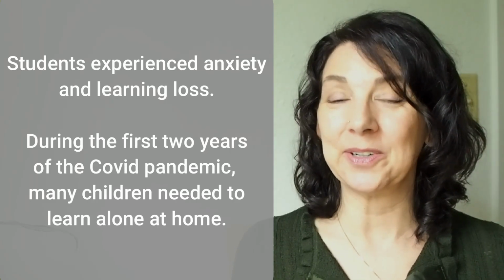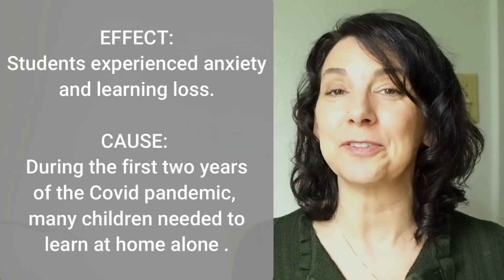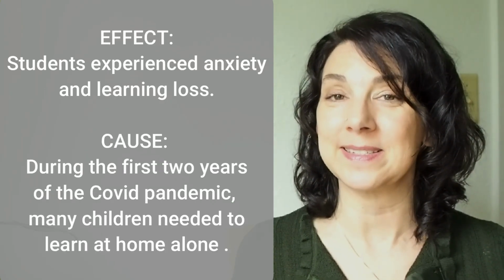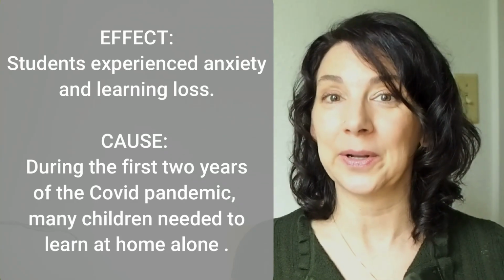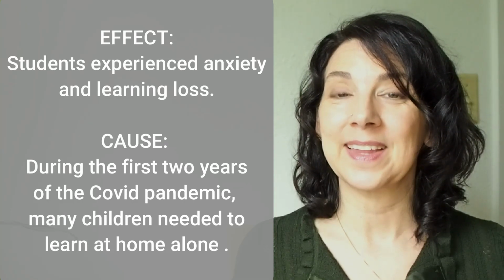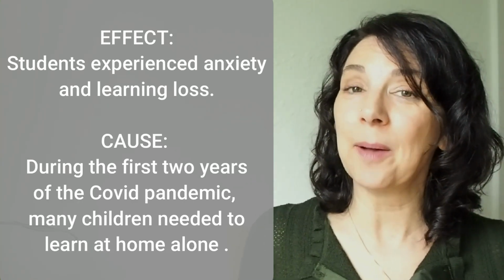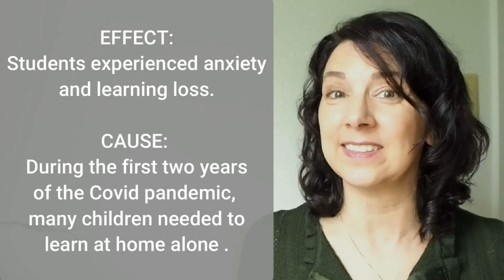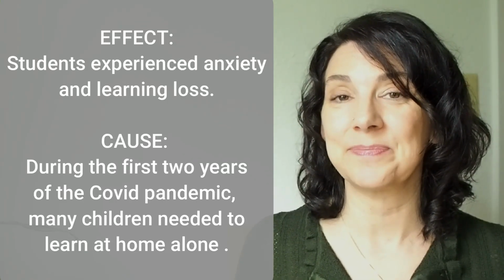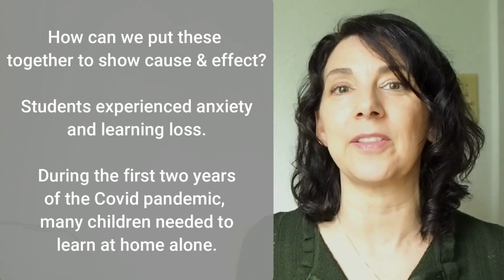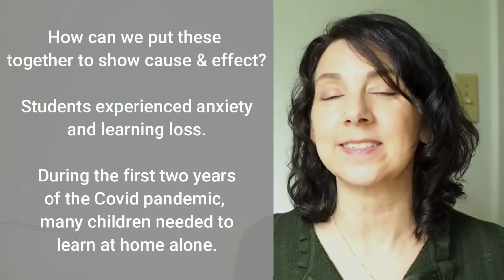So the first one, or the cause, is during the first 2 years of the COVID pandemic, many children needed to learn at home alone. And then the effect is what happened after. The effect is students experienced anxiety and learning loss. Okay, so let's go ahead and put them together with an effect transition.